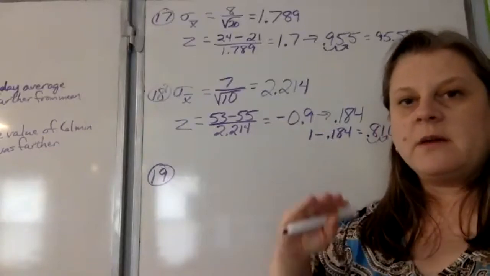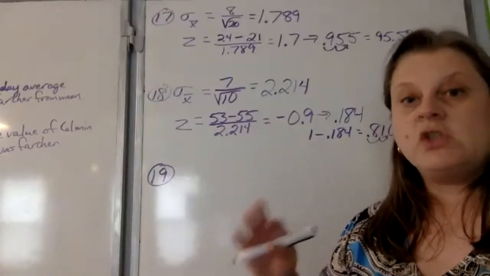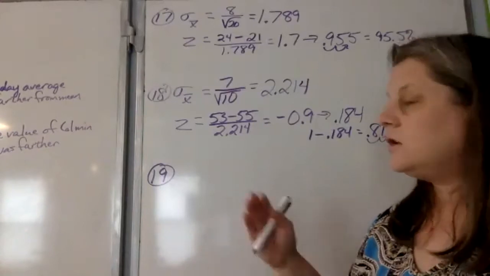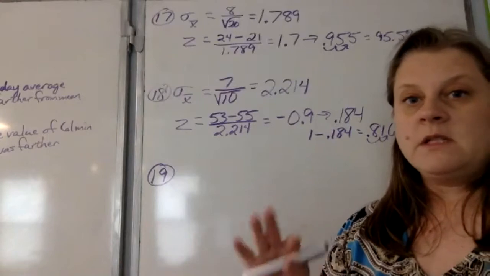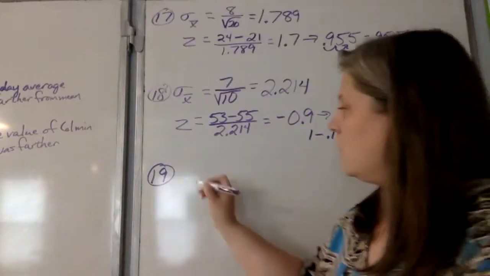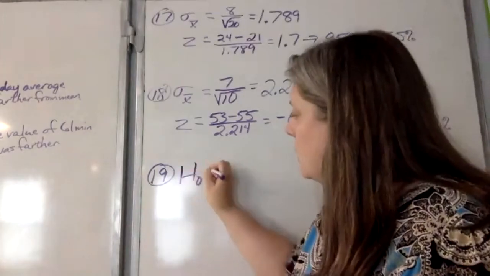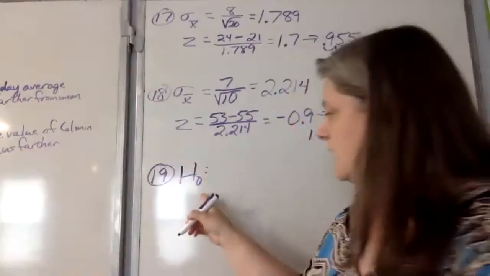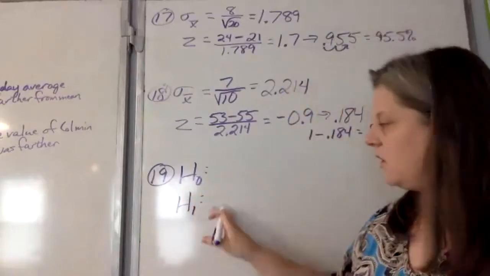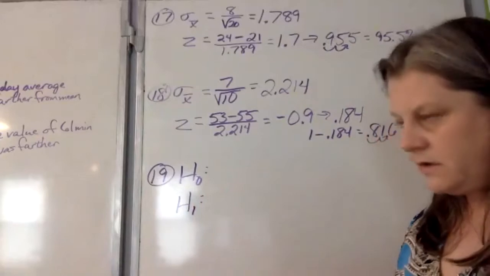That you can tell me the null hypothesis, which is the starting point, your original one that we're assuming true, and your alternative hypothesis, which is the one that we're trying to prove. So remember, H0 is your null hypothesis, and H1 is your alternative.